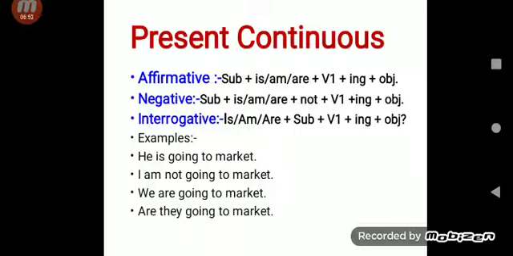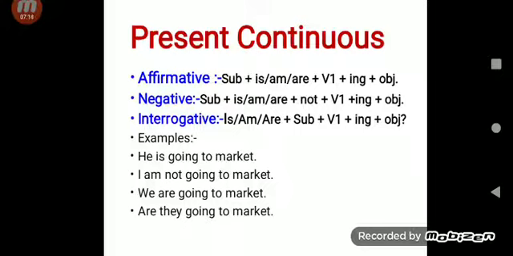Now next, I am not going to market. So here I is a subject, am is an auxiliary verb which comes with I, and then not, then verb's first form go plus ing, and to market is object.